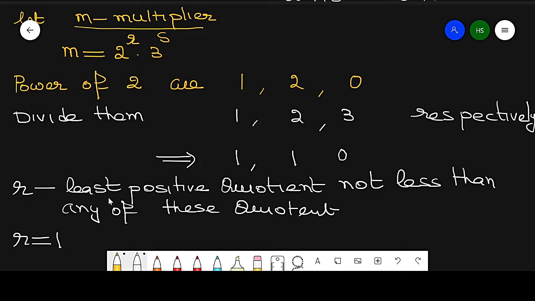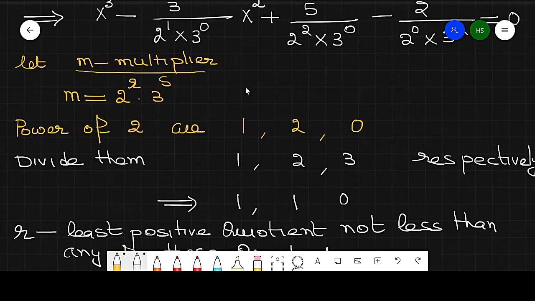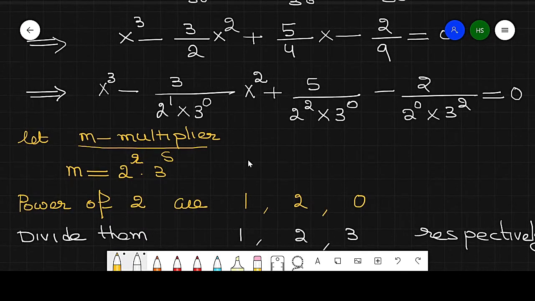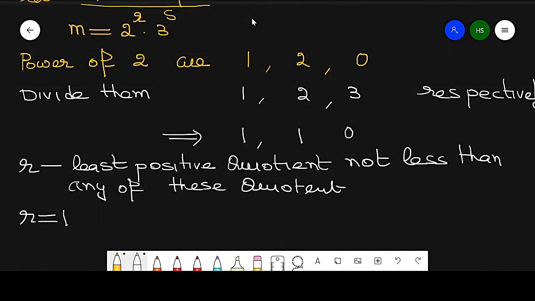My aim is to find the least positive integer not less than any of the quotients. The quotients are 1, 1 and 0. So r is equal to 1.